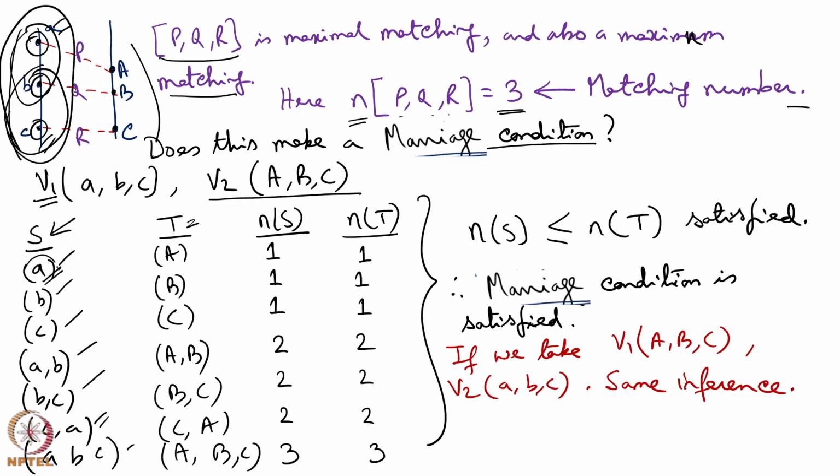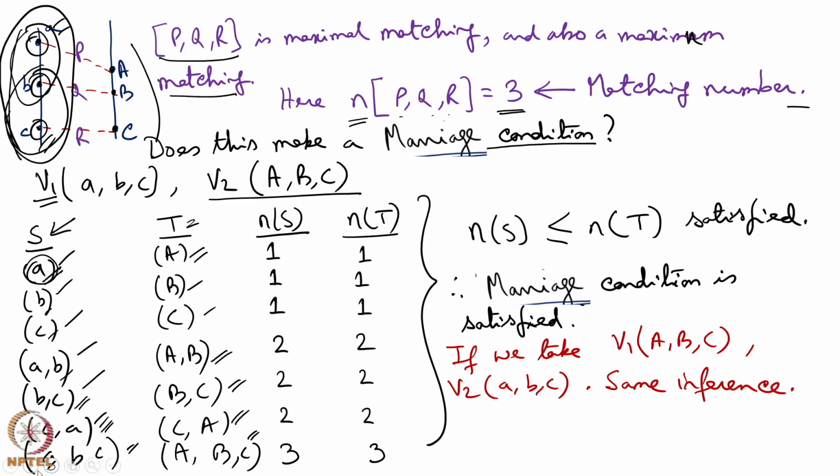A is connected with how many vertices in the stratigraphic column? Only A. B with B, C with C, small a small b with capital A capital B, small b small c with capital B capital C, small c small a with capital C capital A, small a small b small c with capital A capital B capital C.